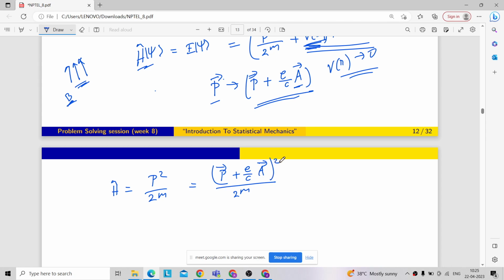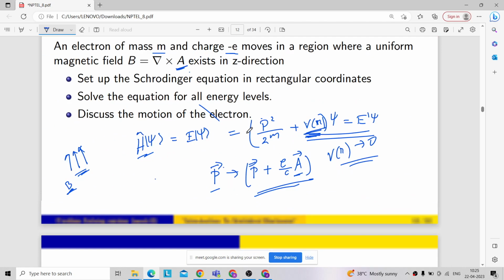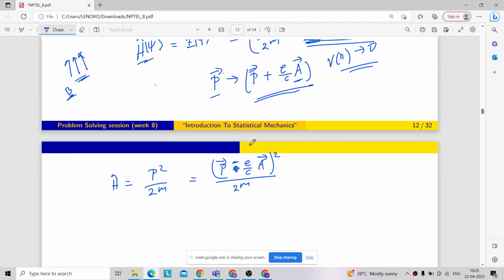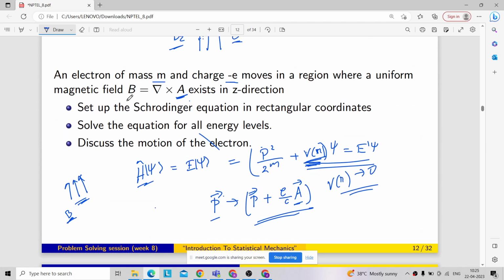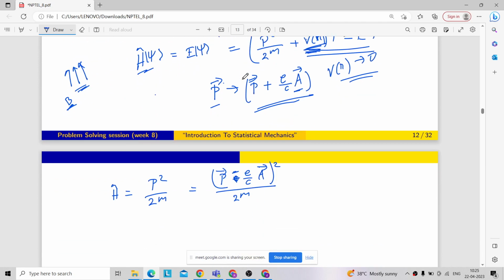Okay, so we are given an electron with charge minus e, so this plus will become minus. So this is my Hamiltonian, right? So I have to write this in terms of the magnetic field which is applied in the z direction, right?